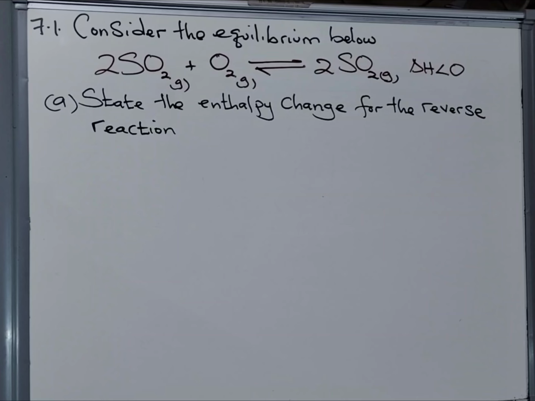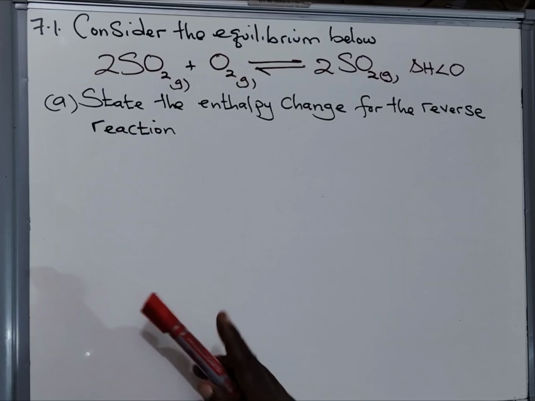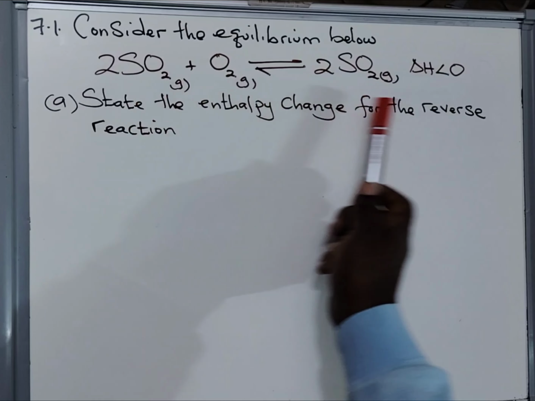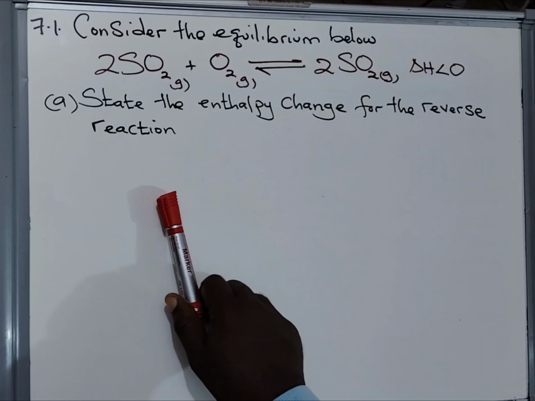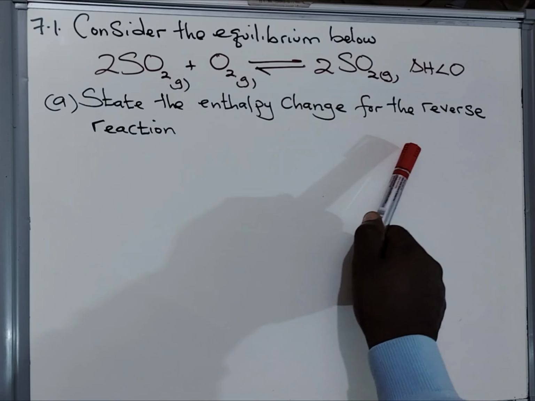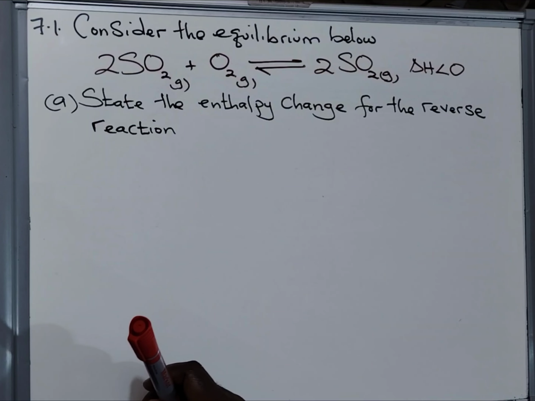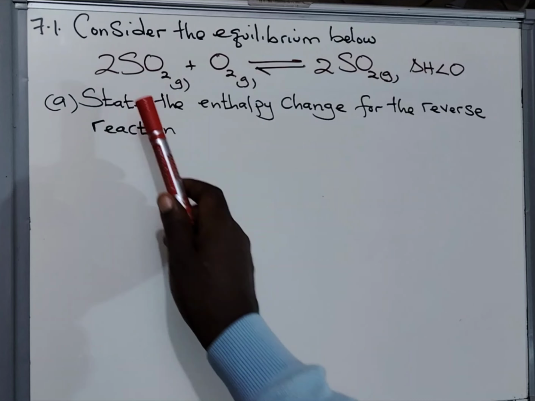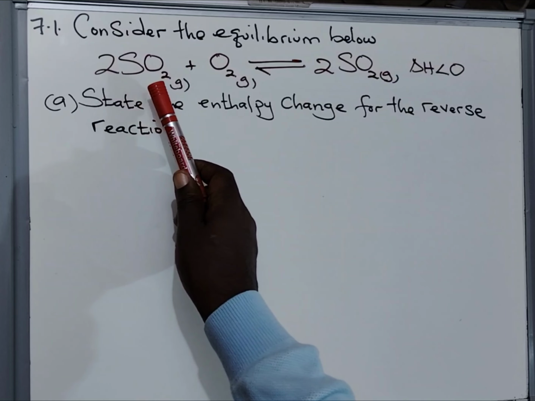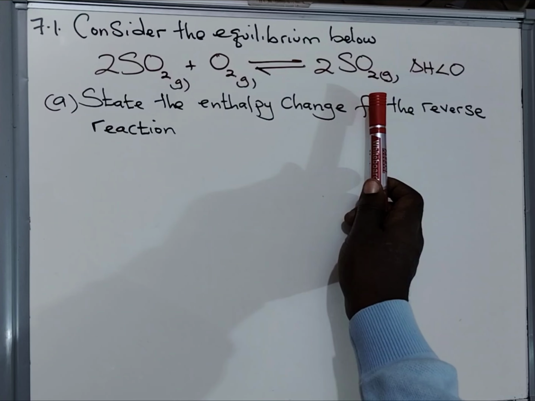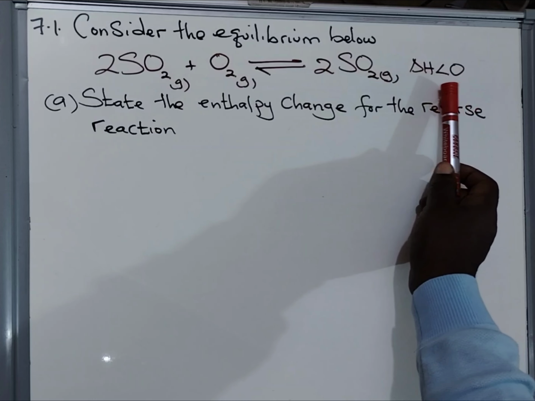Then we come to this question. It says, consider the equilibrium below. So this is the equilibrium. And A says, state the enthalpy change for the reverse reaction. You have to take note that for the forward reaction which you are having here, enthalpy change is less than 0.